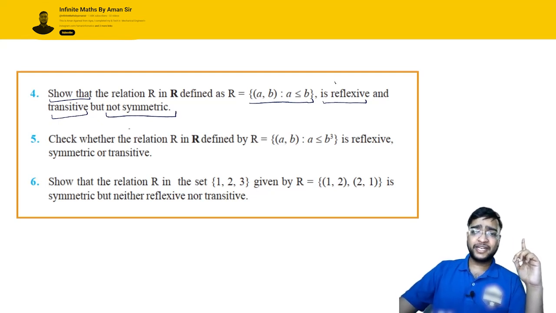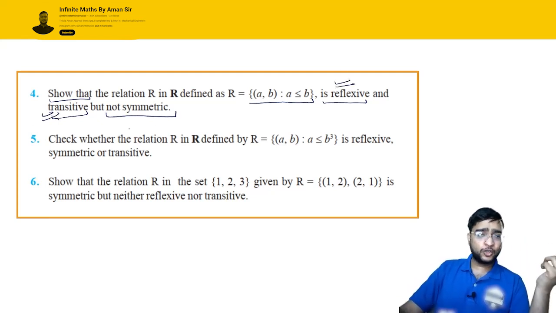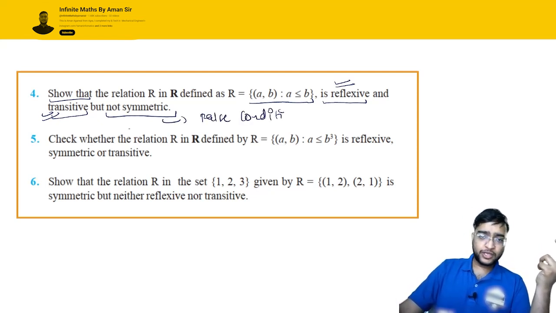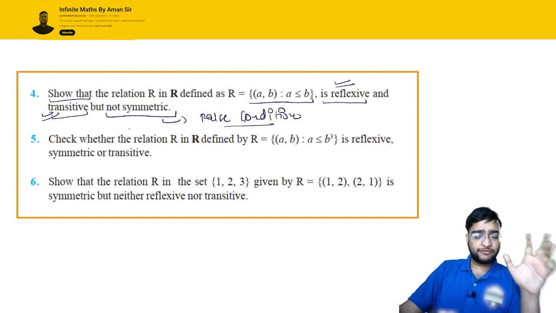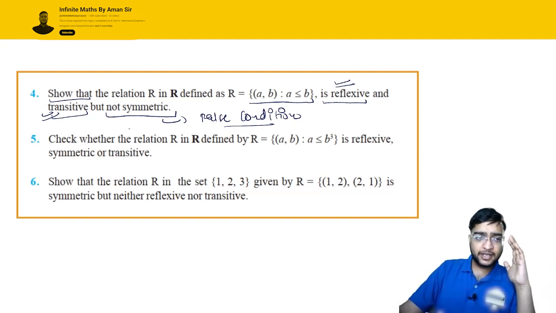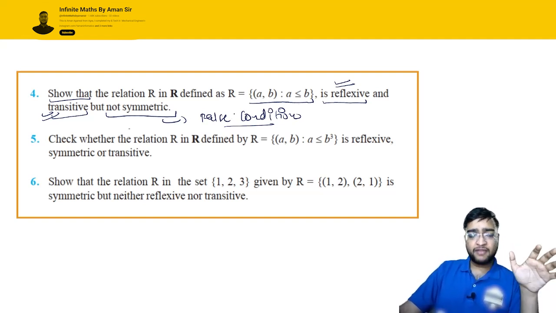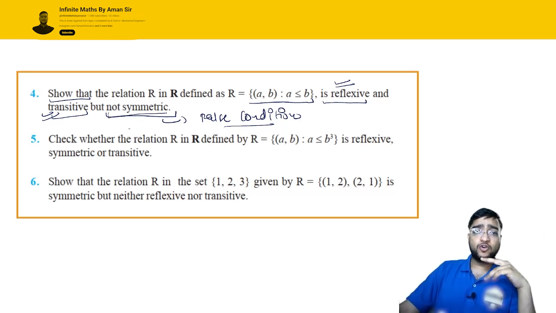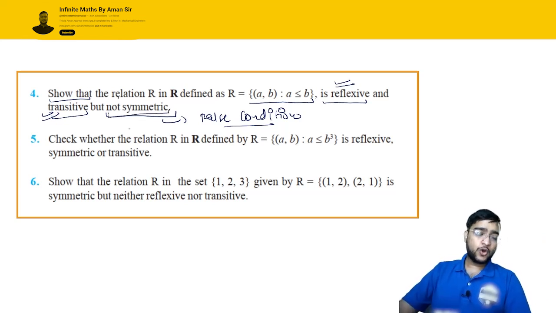So all the conditions for reflexive and transitive must be true here, but I just want the false condition for symmetric. Try to show it in your own way, and also solve that it's not symmetric here. Okay, so this is homework for you guys.